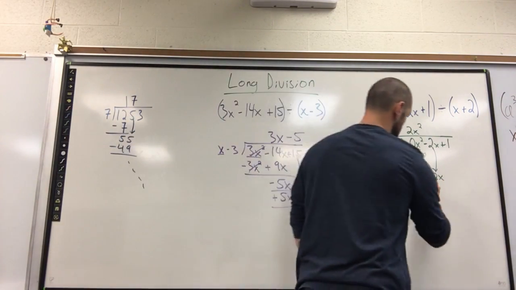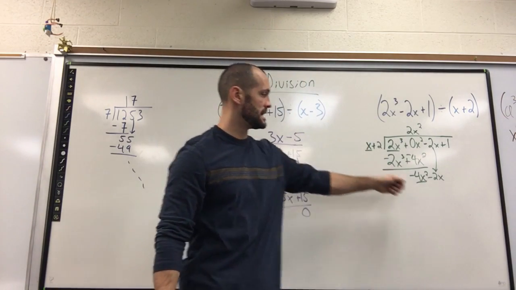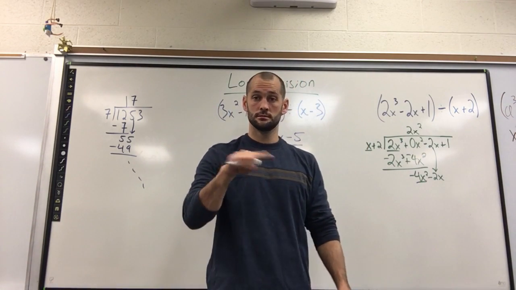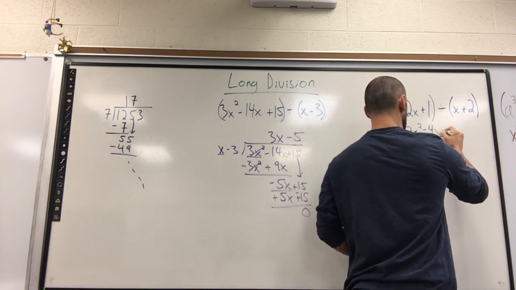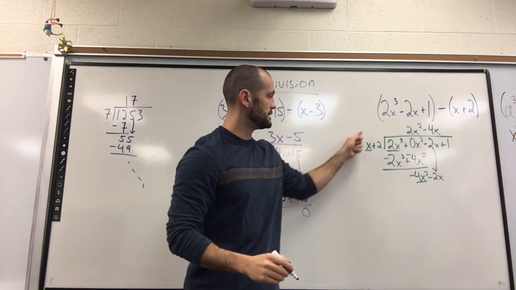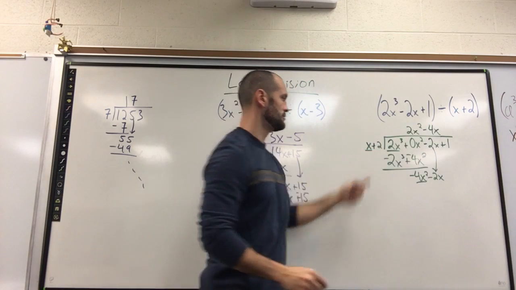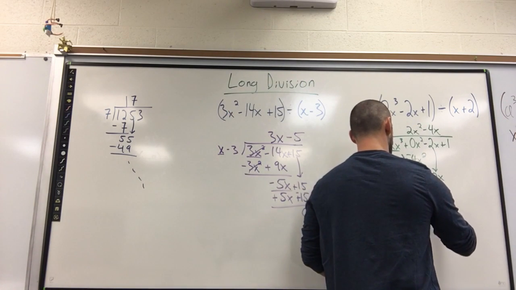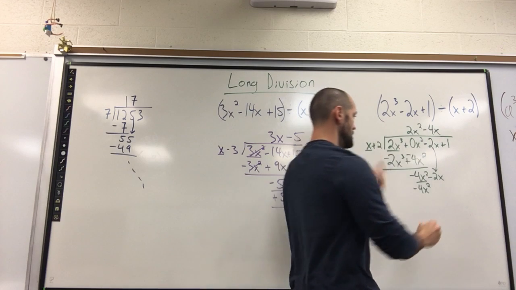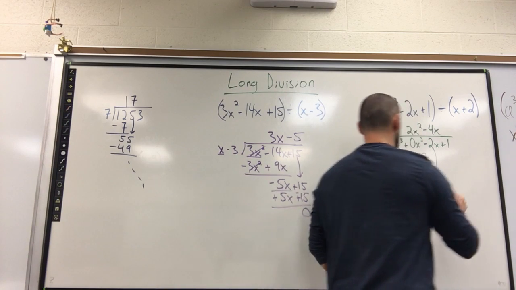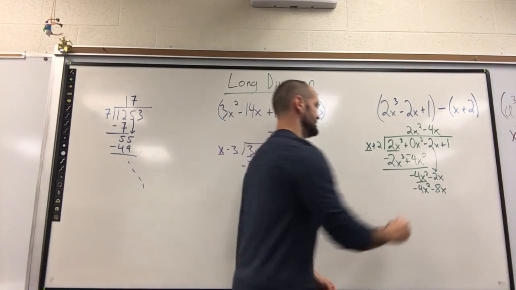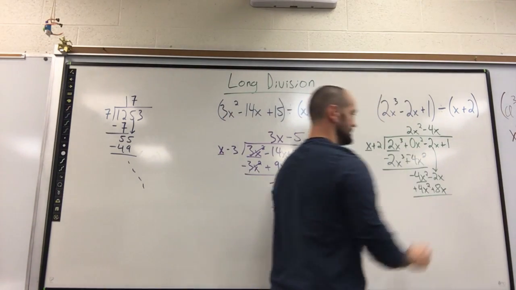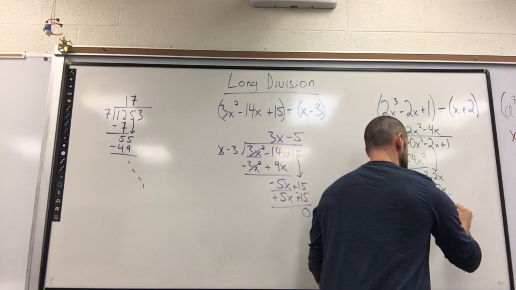Front. What do you multiply x by to get negative 4x squared? Negative 4x. That negative 4x, round the outside to both of them. We get negative 4x squared minus 8x. Change the sign. You're left with 6x.